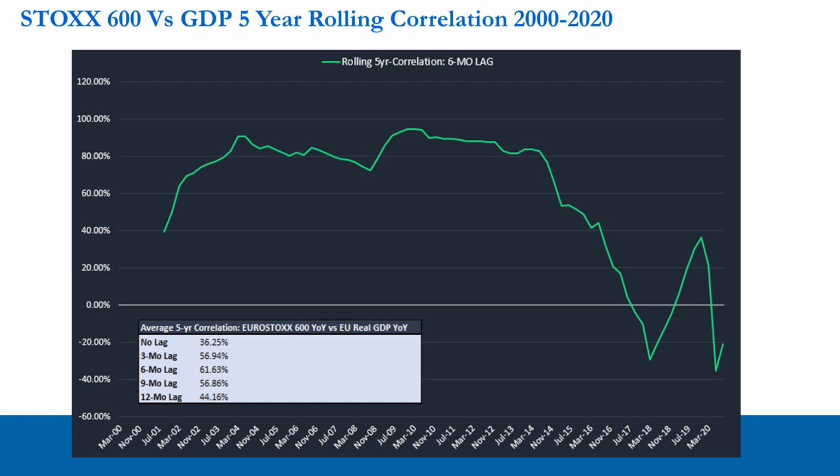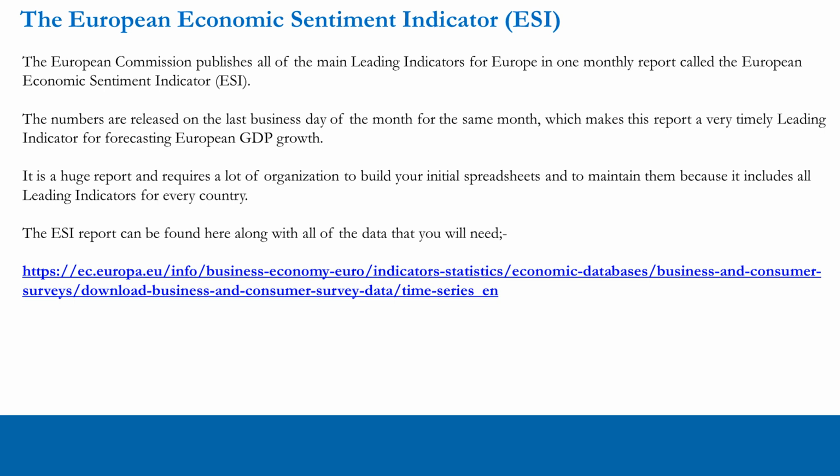Now, how does the ESI, the European Economic Sentiment Indicator, fit into all of this? Well, the European Commission publishes all of the main leading indicators for Europe in one monthly report. So if you imagine what we've done so far in the PTM video series, when we've been looking at US leading indicators, they are all published separately.